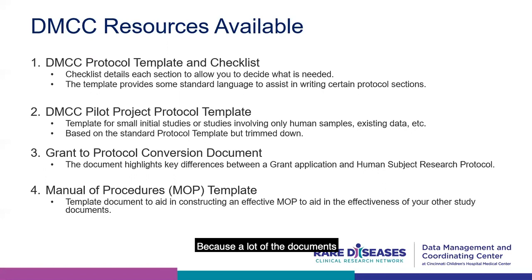Because a lot of the documents that we see in the DMCC are initially coming from grants, we created a grant to protocol conversion document that highlights some of the key differences between a grant application and a human subject research protocol and how to go about converting those sections.